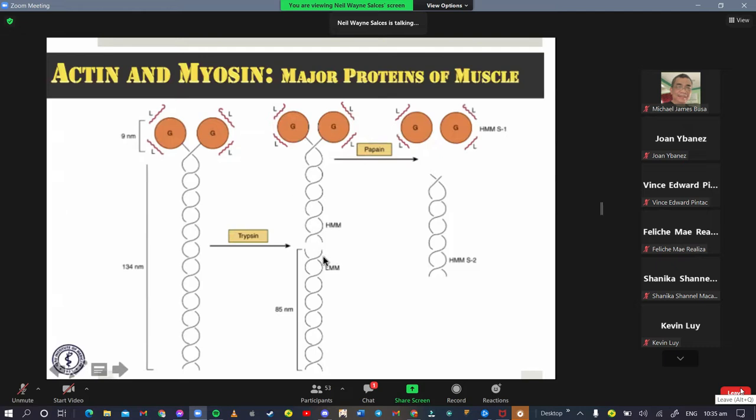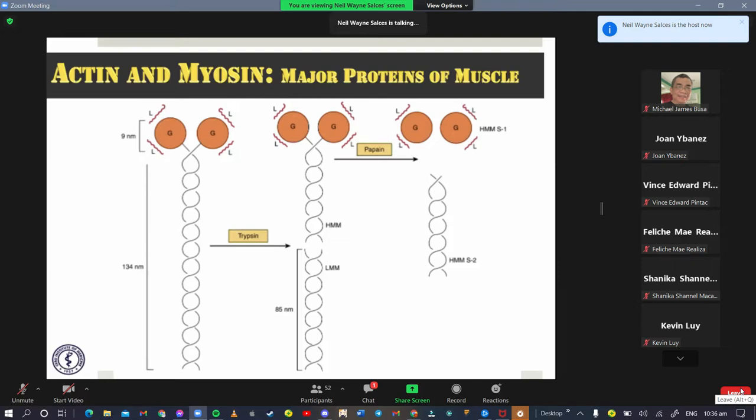This is digested with the help of your trypsin. Your light meromyosin consists of the aggregated insoluble alpha helical fibers that is from the tail of your myosin.